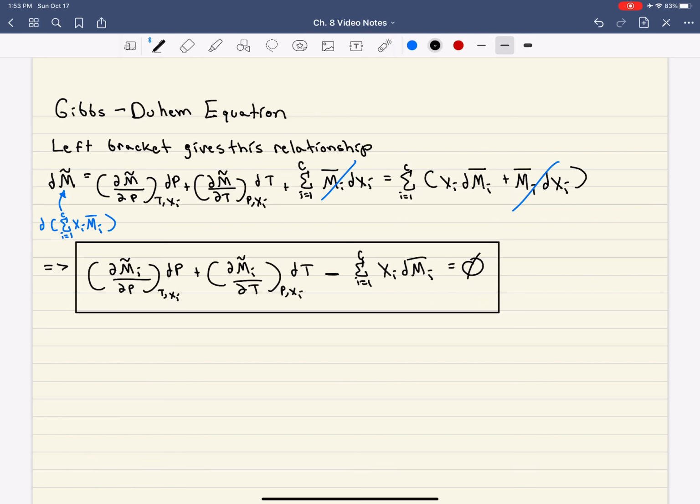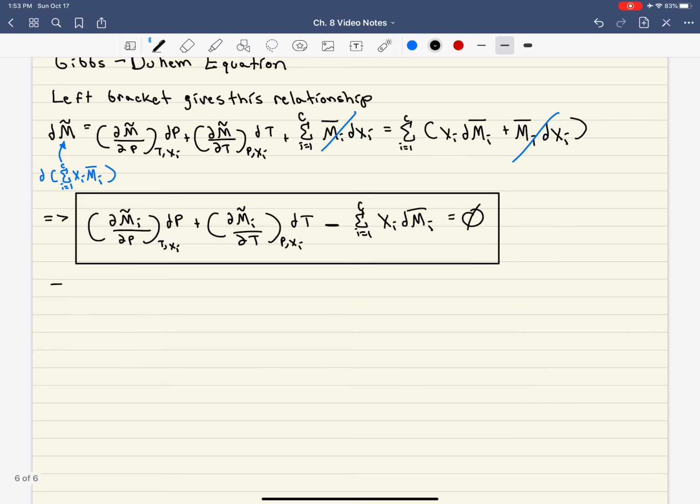And so what I'll write is that this equation must be satisfied for all changes in pressure, temperature, and M_i bar. Okay? So I admit that's a somewhat abstract statement.